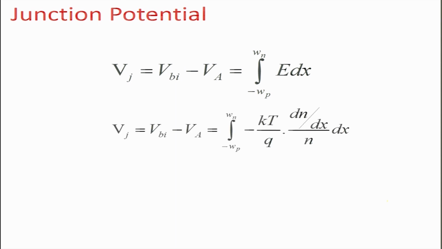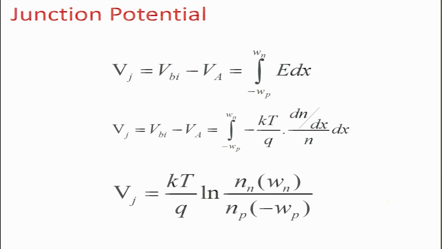If you do the substitution for E, you get a relation for the junction potential, that is kT divided by q into ln of n(Wn) divided by n(minus Wp).